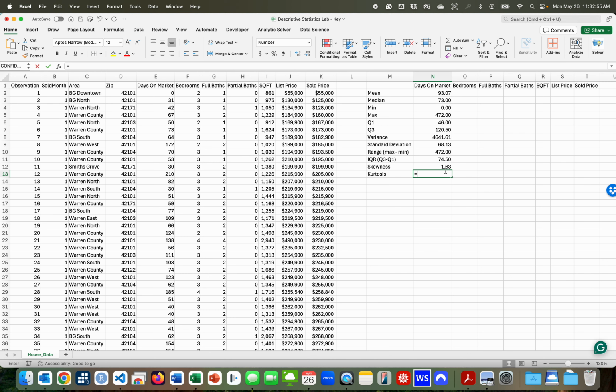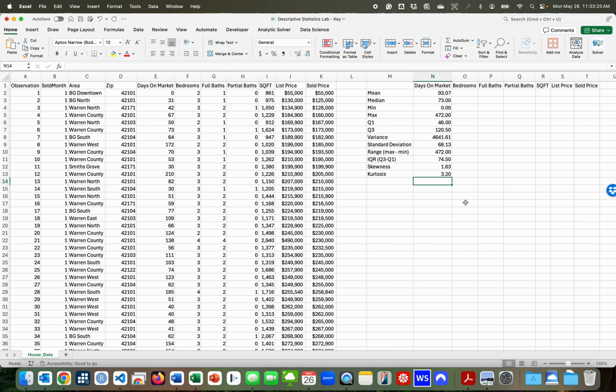And kurtosis is K-U-R-T, Kurt, E:E. And this number is hard to interpret. It tells us how thick the tails of the distribution are, but we really just compare it to the normal distribution. So if something is truly normally distributed, you'd have an excess kurtosis of 0, because the normal distribution has a kurtosis of 3, but what Excel actually gives you is excess kurtosis.